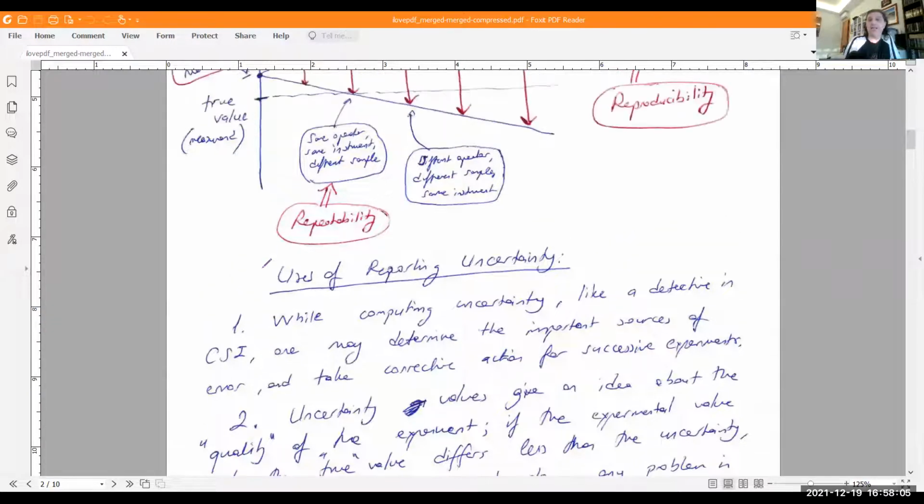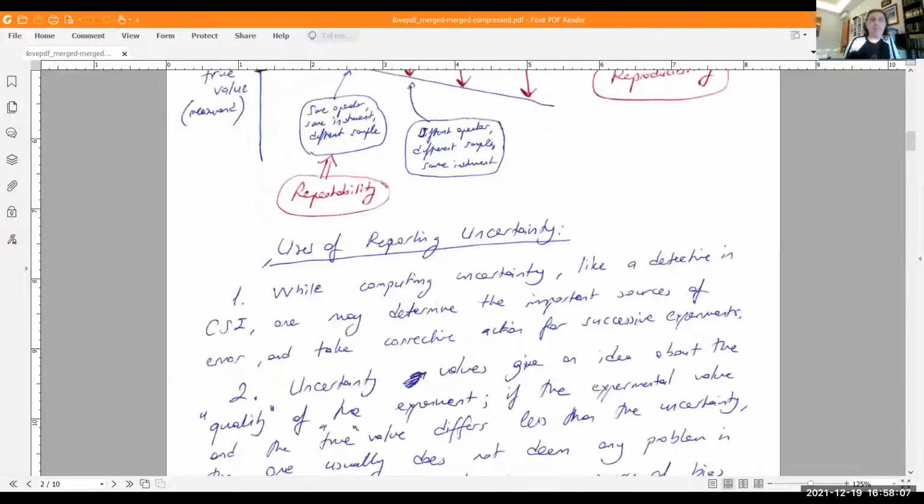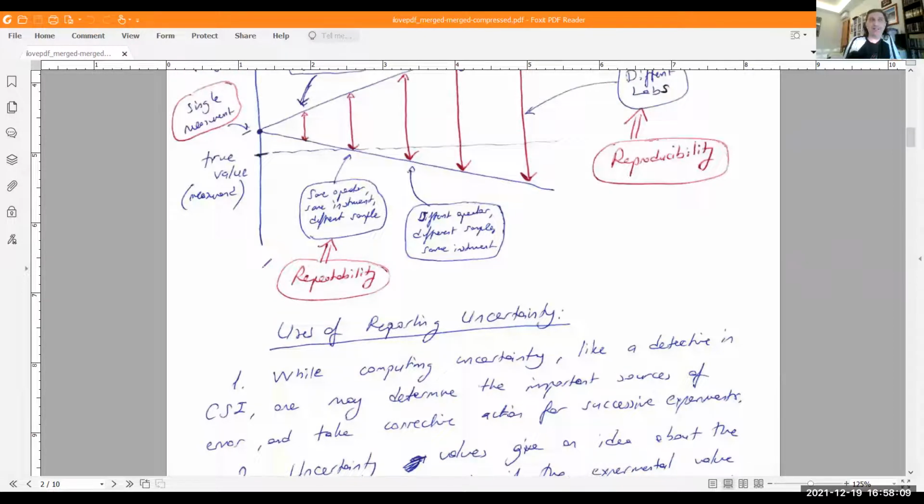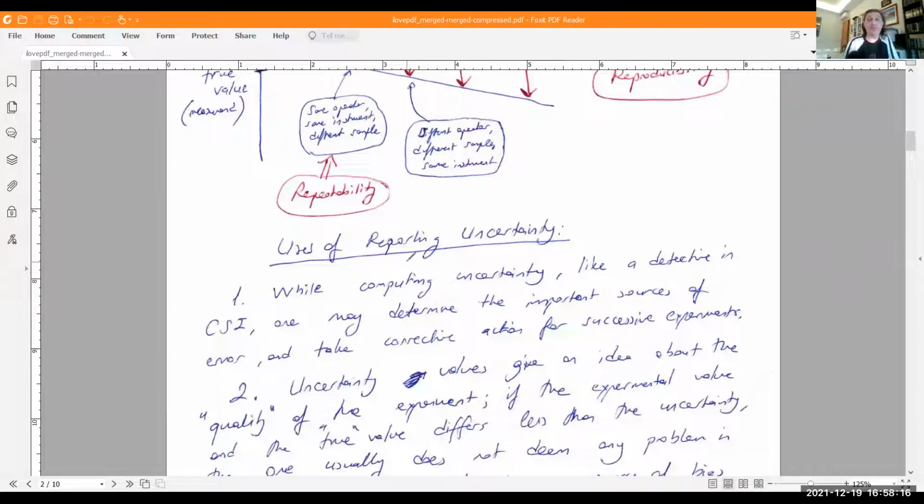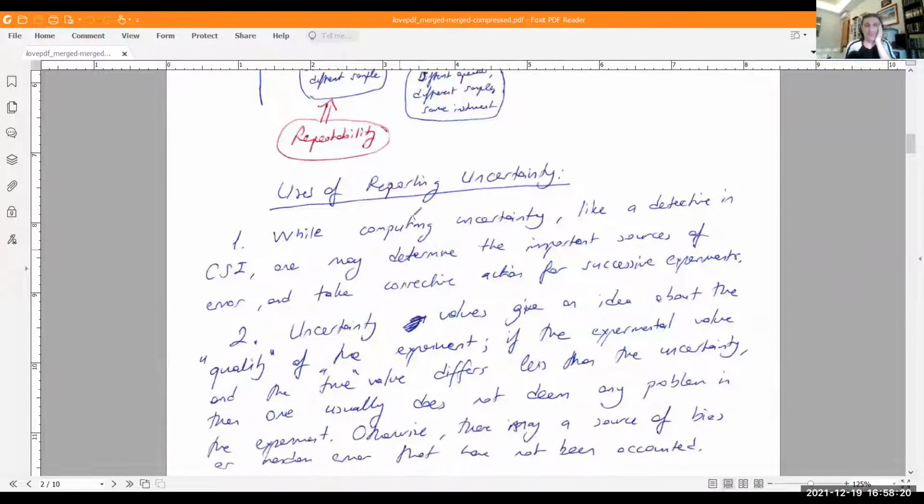Use of reporting uncertainty. Now, this may seem a bit of a burden at this point, because once you find a point estimate, a point result, why also try to come up with the uncertainty values? Well, there are a couple of reasons. First, I think the most important one: while computing uncertainty here, like a detective in a crime scene investigation, one may determine the important sources of error and take corrective actions for successive experiments. What do I mean by that?